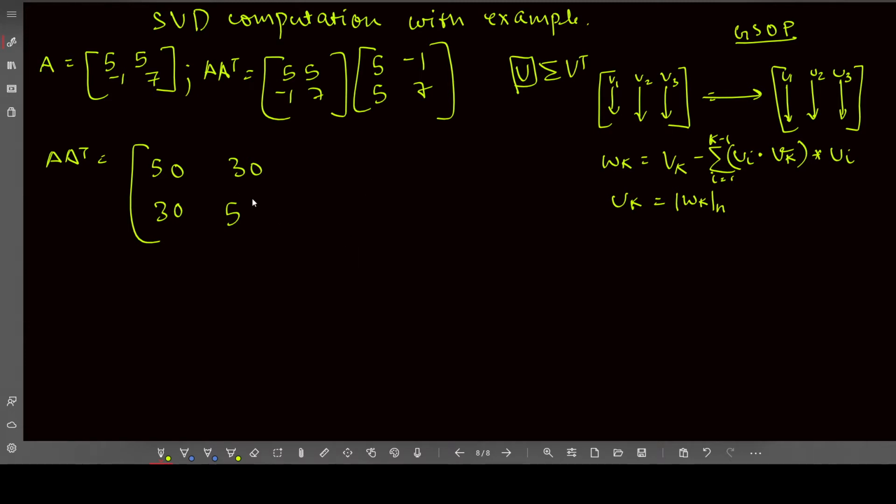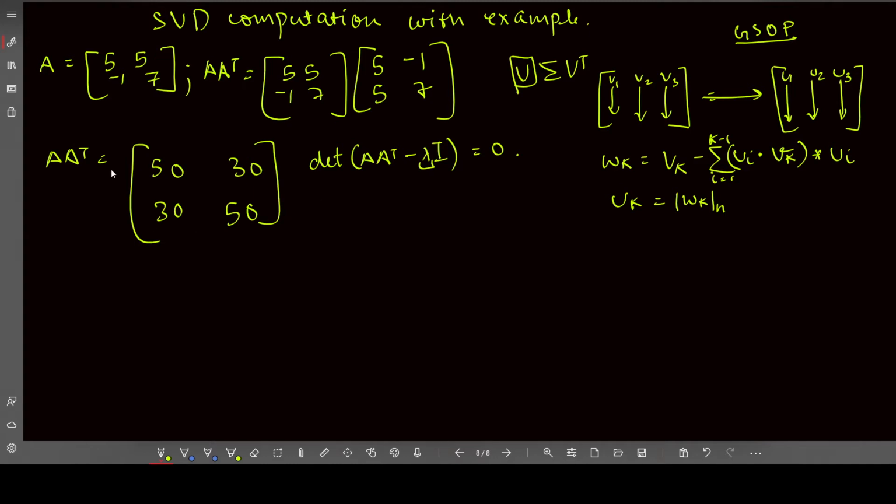Yeah, 50, correct. So this is the value of A transpose. So now to find the eigenvalues of this matrix, we basically have to find the determinant of A transpose minus lambda I and equate this to 0. This will help us get the eigenvalues of A transpose.